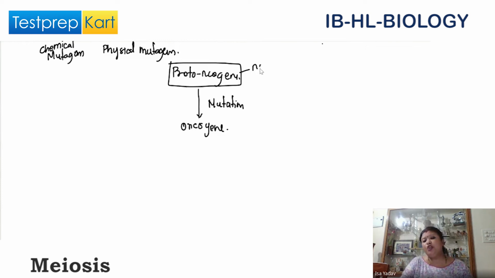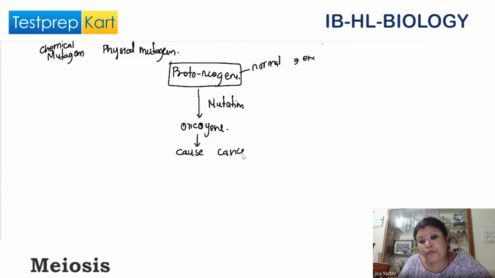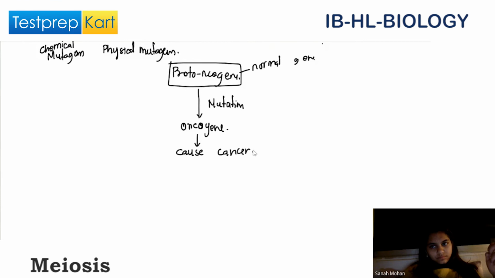Proto-oncogene is the normal gene. This normal gene undergoes mutation to form an oncogene, and it is this oncogene that will cause cancer. Clear or not? Clear. Okay.